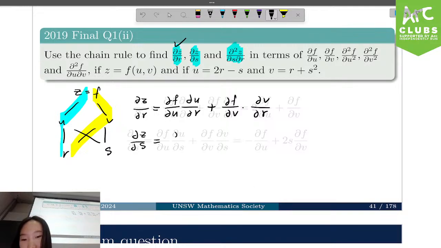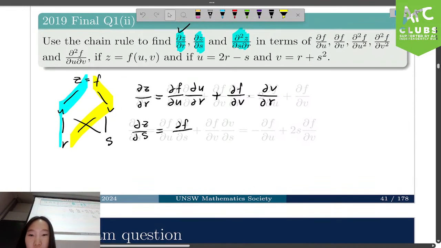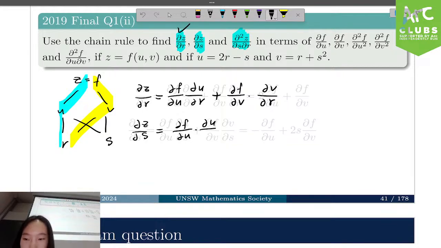Similarly, I will not explain this one, but it's very similar to the previous case. It's the partial derivative of f with respect to u first, and then the partial derivative of u with respect to s, plus the partial derivative of f with respect to v first, and then the partial derivative of v with respect to s. Wonderful.